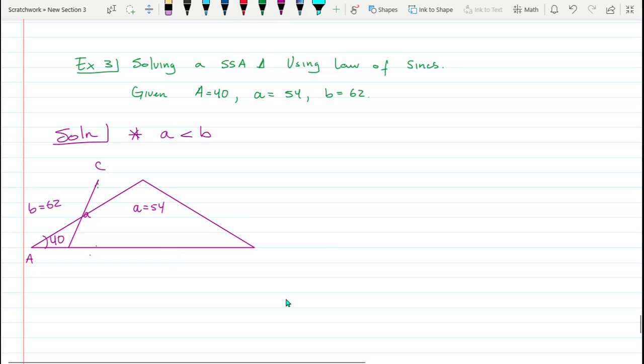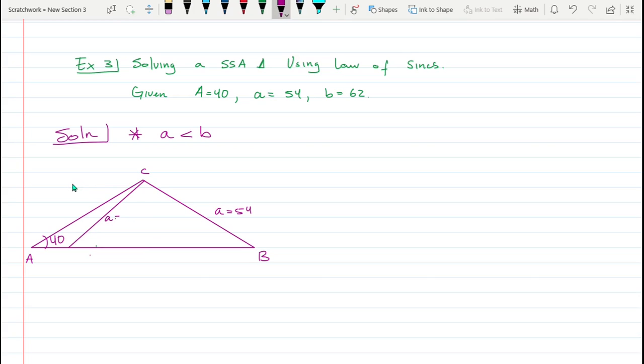So this is B, A equals 54, this is C, so this is what that means. A equals 54.